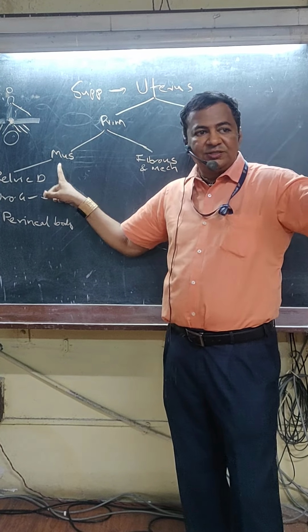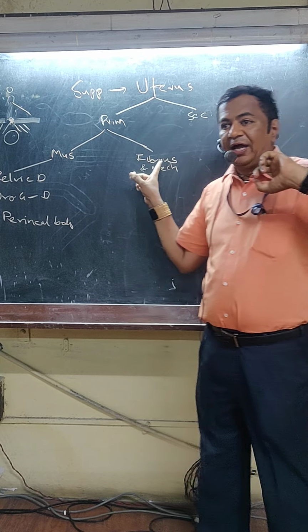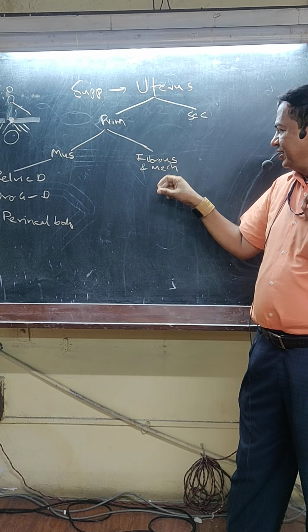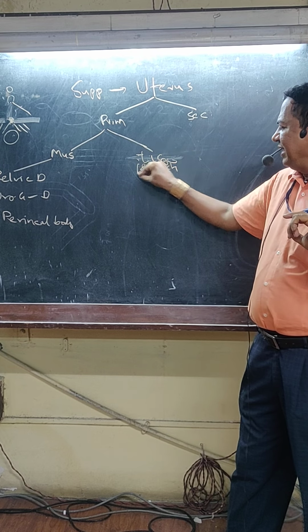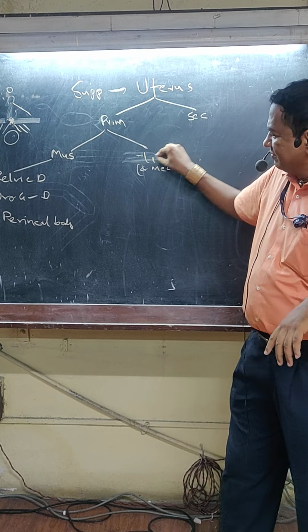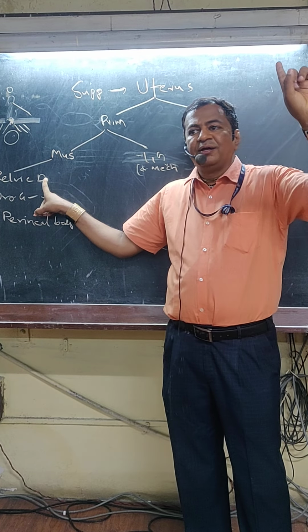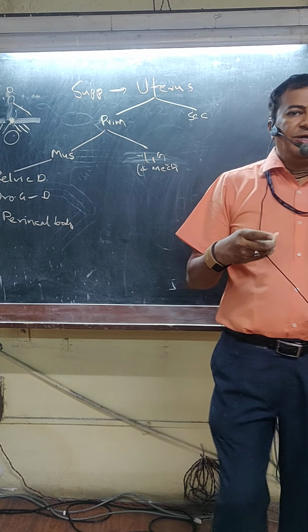What are the primary supports? Muscular, ligamentous and mechanical. Muscular: pelvic diaphragm, urogenital diaphragm and perineal body.